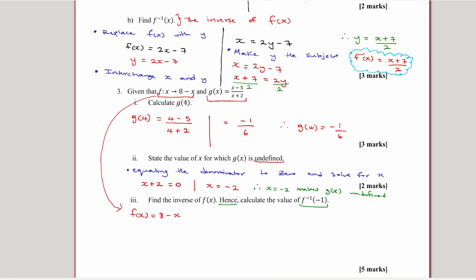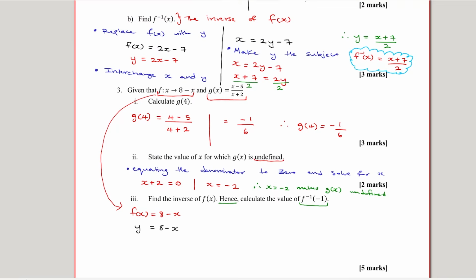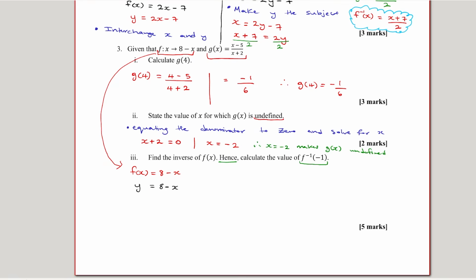Now remember the 3 steps. First step, replace f of x with y. So we're going to say y is equal to 8 minus x. That's step 1. Step 2, interchange x and y. So wherever we have y, we're going to replace that with x.